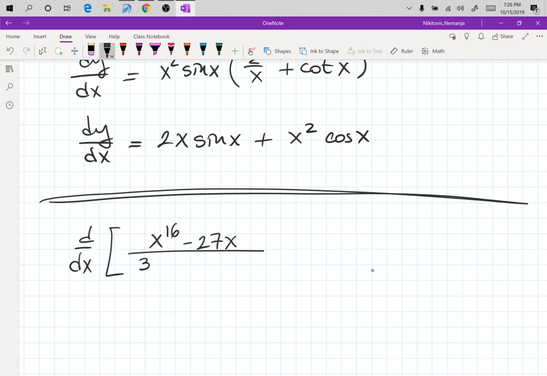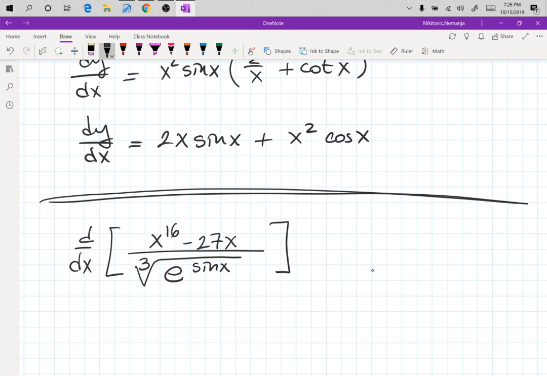Well, let's put something else, e to the sine x times 5. E to the sine x.